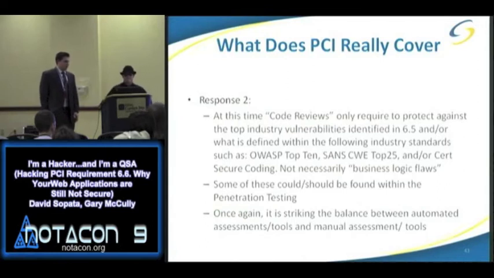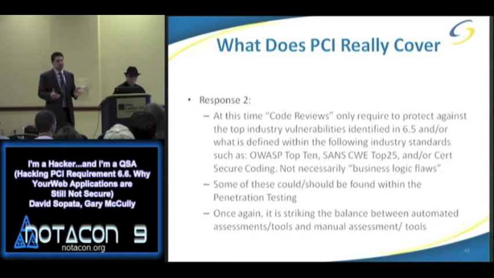So, once again, at this time, code review is only required to protect against top vulnerabilities identified through either 6.5 or one of the industry standards. Maybe within OWASP, outside of that top 10, there may be other additional things such as business logic flaws, etc. But this is basically the minimum standard that you have to protect against from a PCI standpoint.